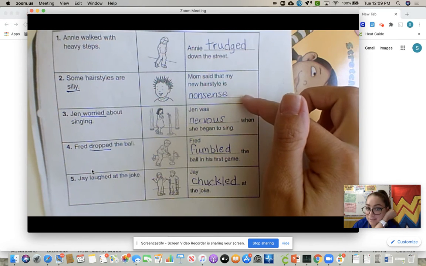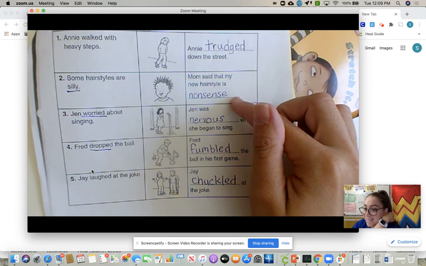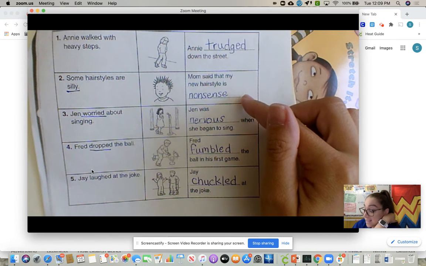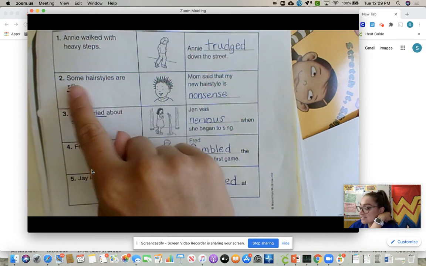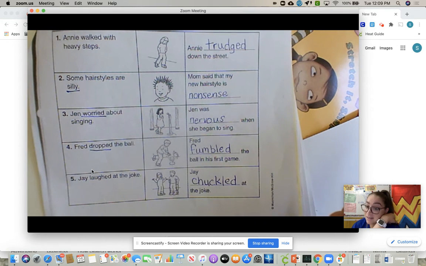What would make sense? My mom said that my new hairstyle is silly. But we need a vocabulary word. So what vocabulary word could we put in this blank that makes sense? And nonsense makes sense. So for some hairstyles are nonsense. It works with the sentence.